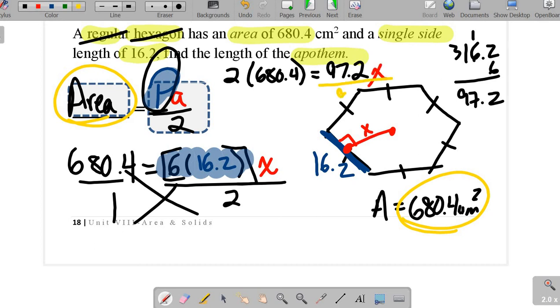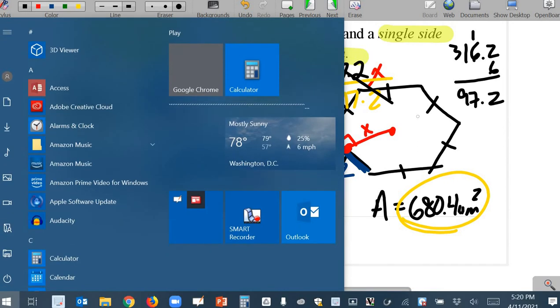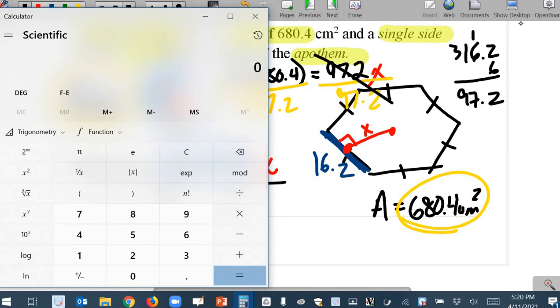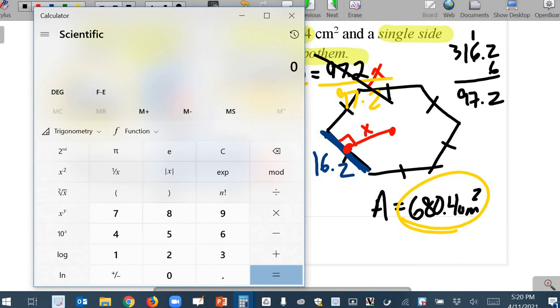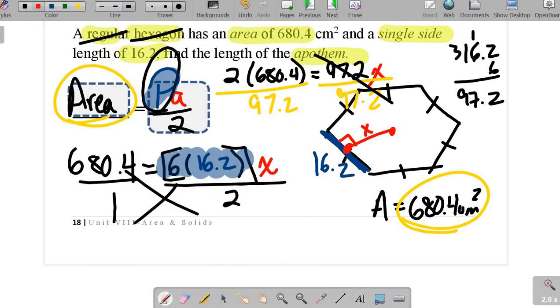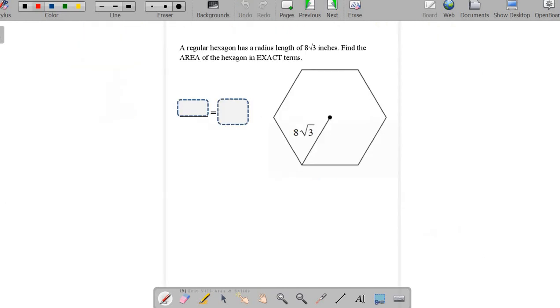Solving, we divide. Now that you have your setup, this is going to be 680.4 times 2 divided by 97.2. And we get an apothem length of 14. So that's working backwards.